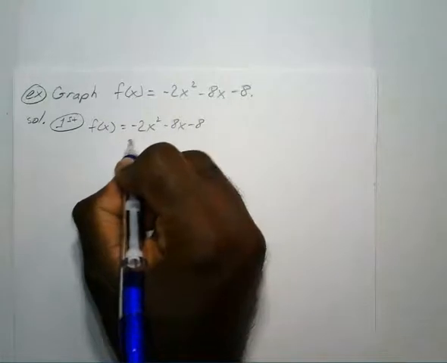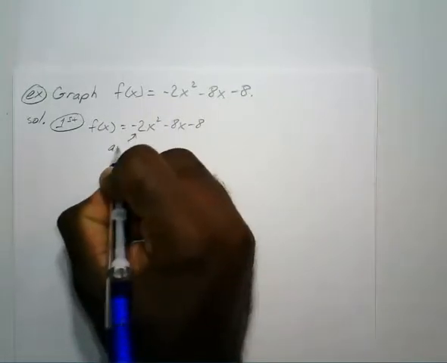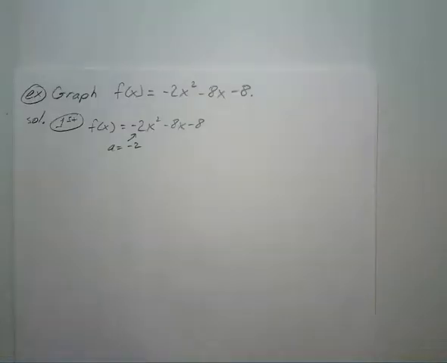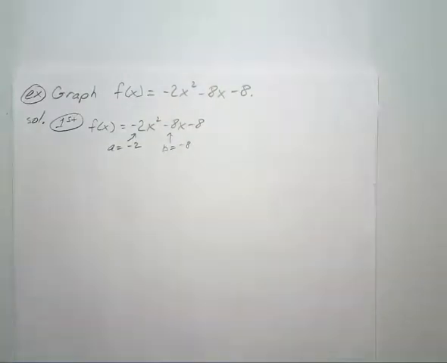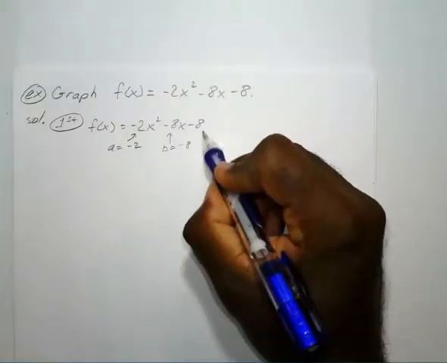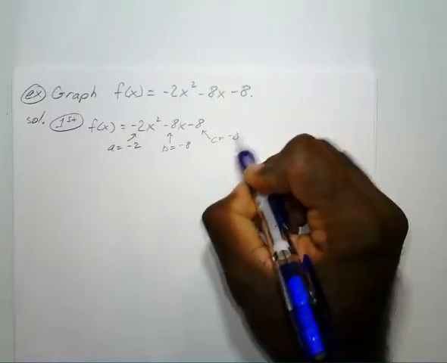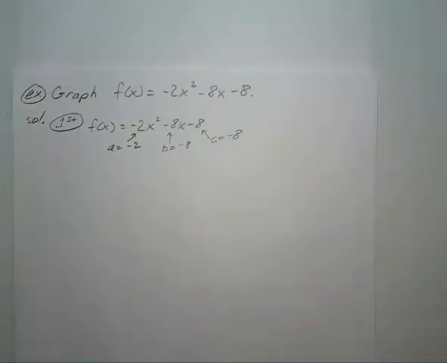Now to identify our a, b, and c, our a is equal to negative 2, our b is equal to negative 8, and our c is equal to negative 8. That part's pretty straightforward. Nothing really mind-blowing there.